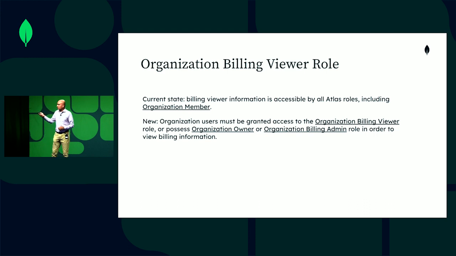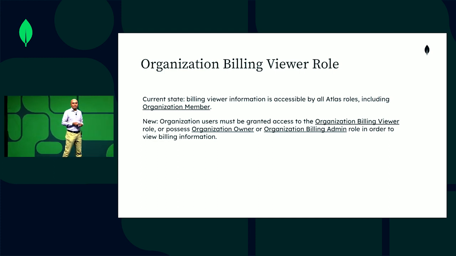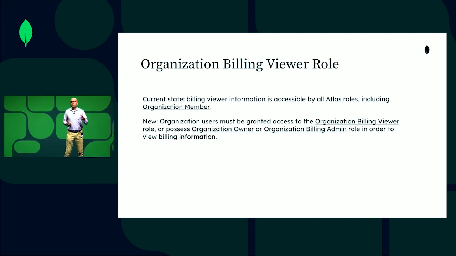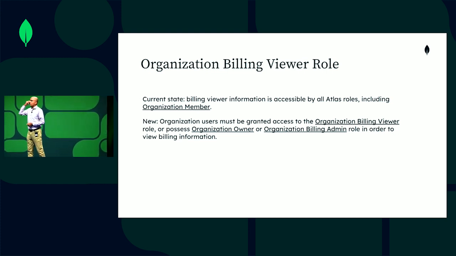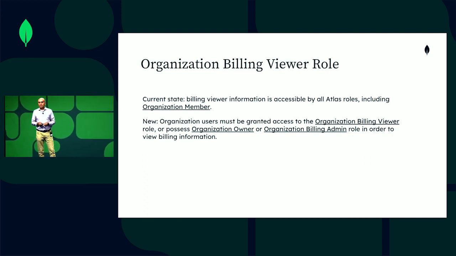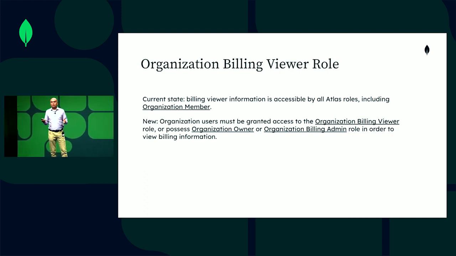So with this feature, we have introduced an organization billing viewer role in Atlas, so that only users who are organization owner, or have the privileges of organization billing viewer or billing admin, can view the billing information. The organization members no longer view the billing information.